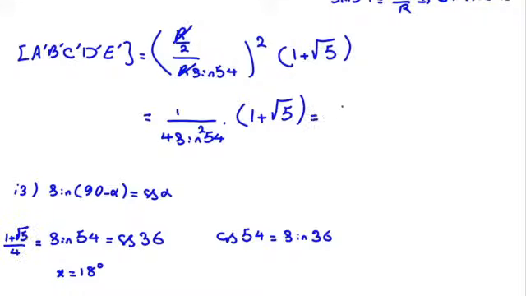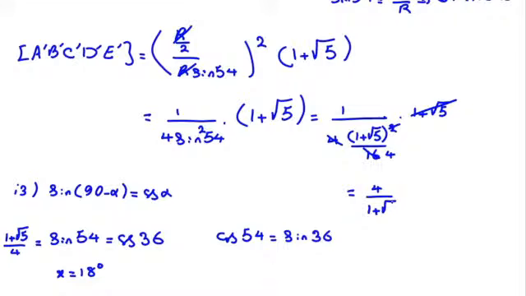Now, if we replace, it will be 1 over 4 times 1 plus root 5 squared. Let's write it like this: 1 plus root 5 squared over 4 squared, which is 16, times 1 plus root 5. We can cancel one of these 4s by this 4. So it will be 4 over 1 plus root 5.